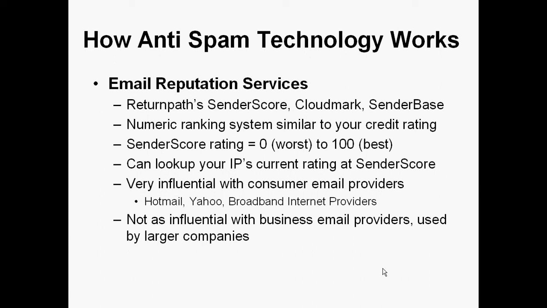The way this works is that SenderScore has relationships with Hotmail and Yahoo and many of these major providers, not all of them, but a lot of them, where they get data on different IPs.